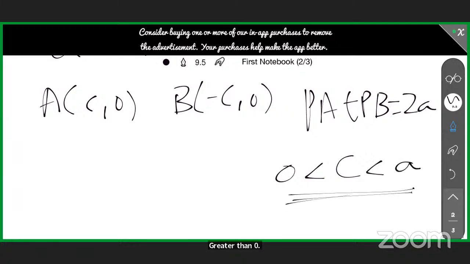See, I'm giving one condition: c is greater than 0 and less than a. Now you'll understand which equation to use. Find the locus of P, that is, the equation of P. Take this question as homework.